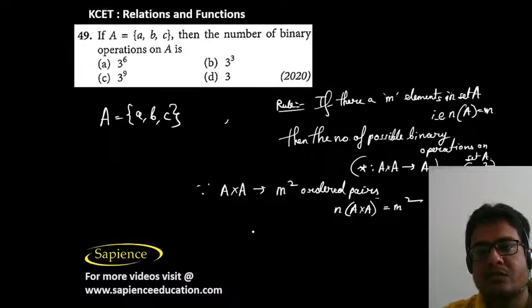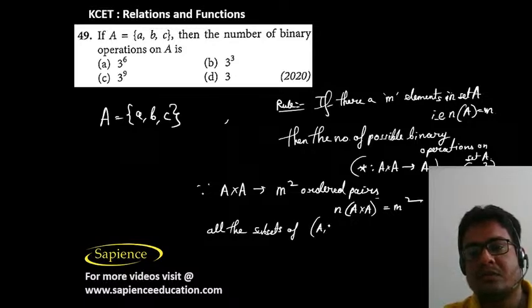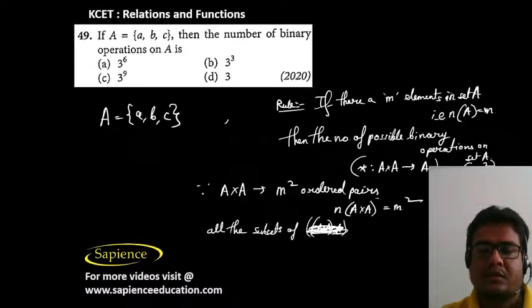So all the subsets of the ordered pairs, A cross A to A, mean that these m square elements should map with m elements.